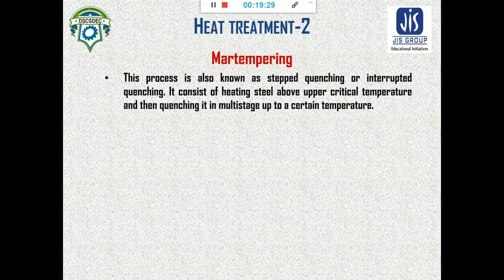By successive quenching, what is happening? The austenite generated inside the material at higher temperature can be completely converted into martensite. For that, successive quenching is done.